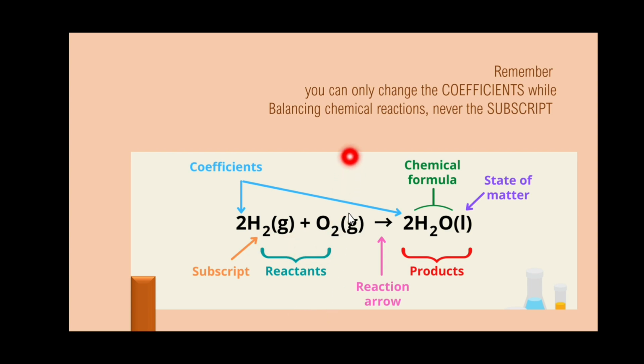This is the very important rule we must follow while balancing the chemical equation. What is that rule? It's very simple. You can change the coefficients but not the subscripts of an element or compound.